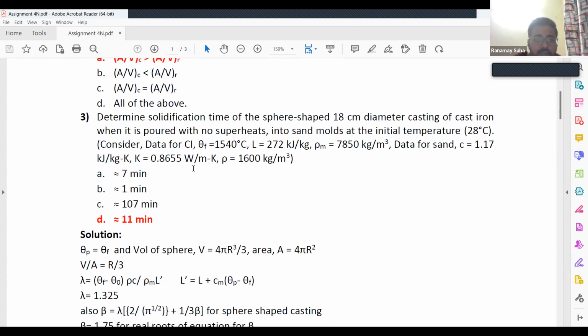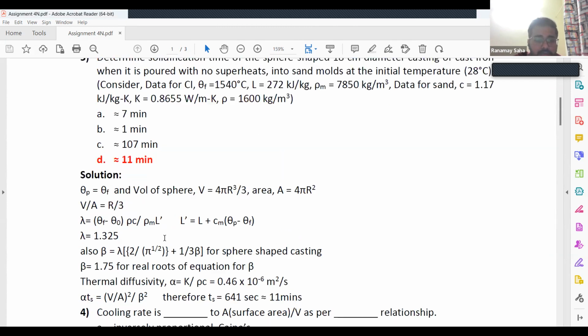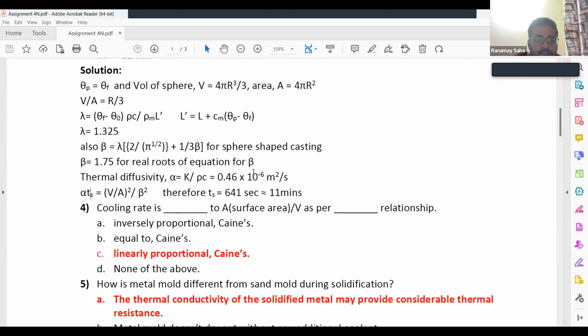So c is given, and then rho is given as 1600 kilojoule per kg per meter cube. From that you can find rho c. You put it in here, you have alpha, you have beta, you have V by A determined as R by 3, and then from that you find the solidification time to be 641 seconds, almost equal to 11 minutes.